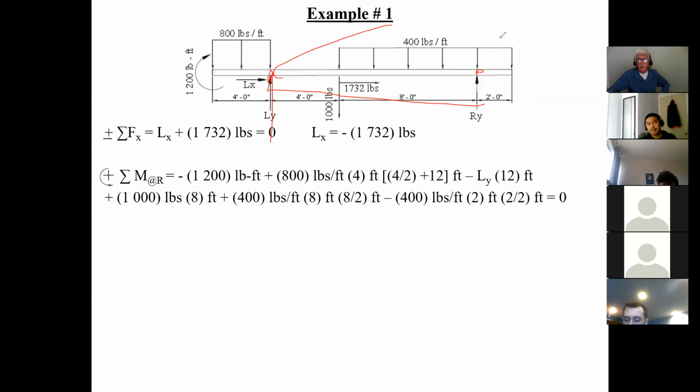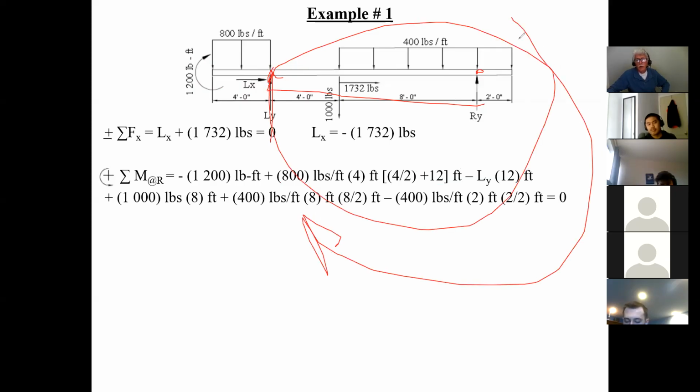Is this going to spin around that point this way, or the other way? Clockwise. Therefore, according to my sign convention, it's negative. That's why I put a negative. I always worry about my sign convention. Then what's the value of the force? I don't know Ly, so I put it as Ly. And the distance is 4 plus 8, which is 12 feet.